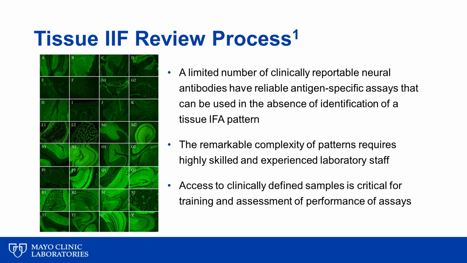The complexity of the interpretation can be reduced by the use of non-brain tissues, which can aid in the identification of non-organ specific antibodies, such as anti-nuclear antibodies, as well as enabling a better appreciation of neural specific staining.